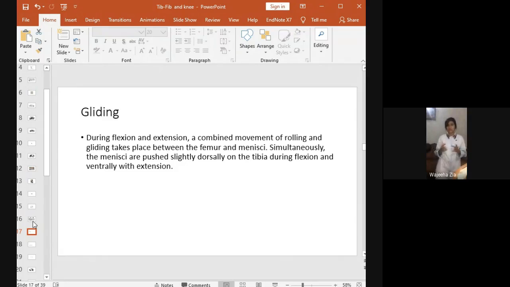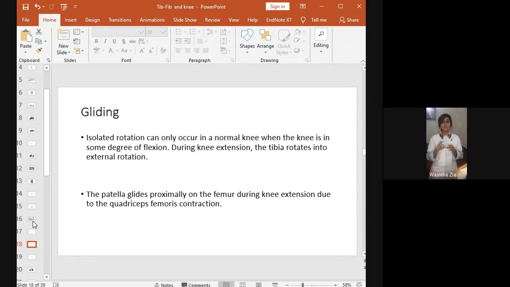So there are two main physiological movements, flexion and extension, but these are a combination of some accessory movements, that is internal rotation and external rotation at the knee. In case of pathology, these internal and external rotations are lost. That's why the patient is not able to perform the full ranges. So isolated rotations are part of only a healthy normal knee joint. Otherwise, these rotations cannot be performed at this joint.